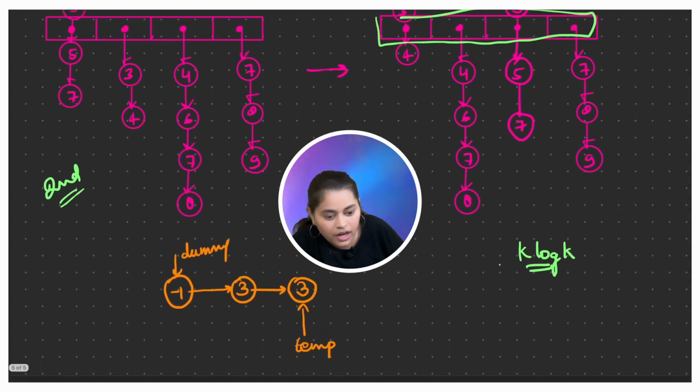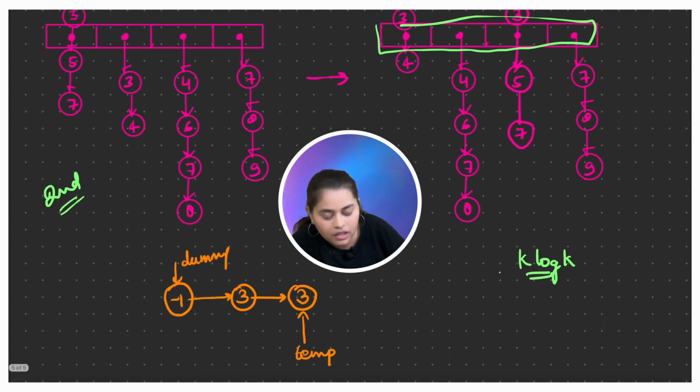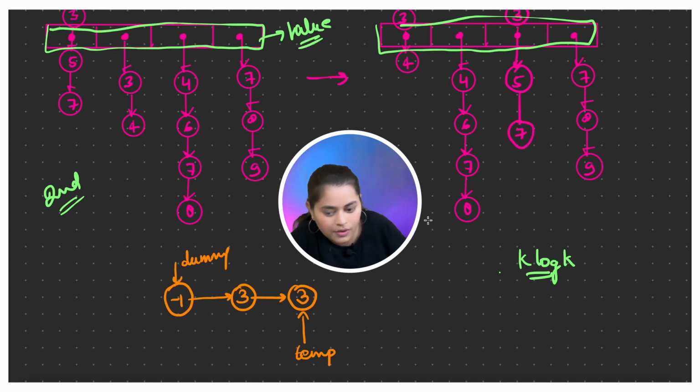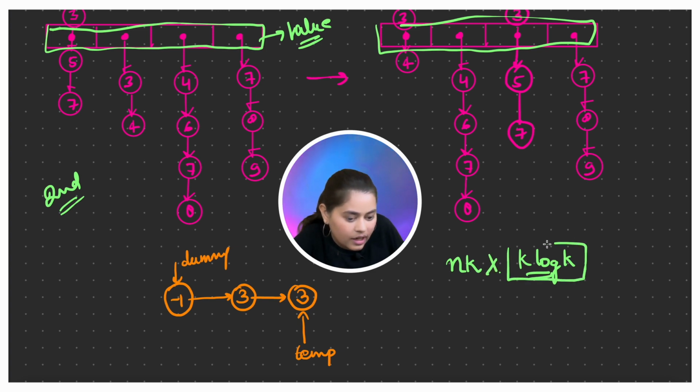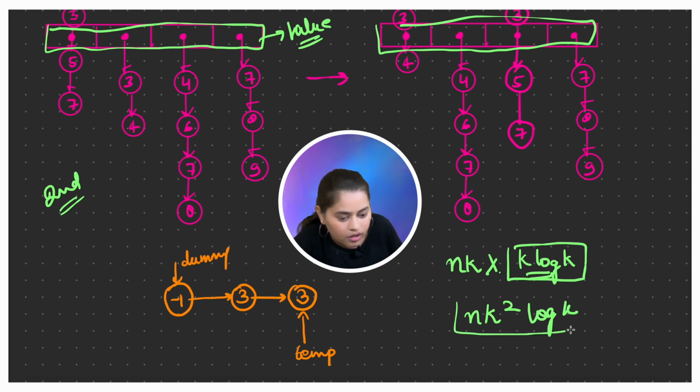So for every element, we are sorting our array of size k based on its value. How many elements are there? If we have k lists, each list may contain n elements, so we have nk elements, and we are taking k log k time for each element. That means the time complexity for this approach will be nk squared log k.